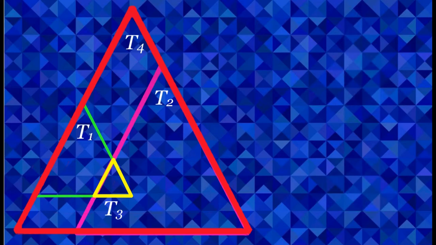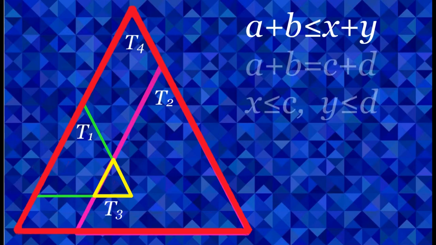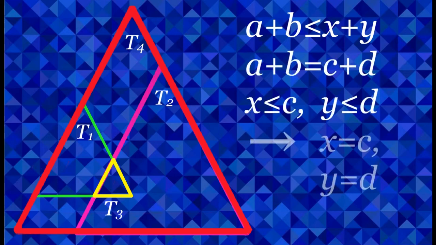Thus, we have that A plus B is smaller or equal to X plus Y. From all the inequalities we obtained, we conclude that X is equal to C, and that Y is equal to D. Since Y is equal to D, we have that T4 is full of S, as needed. This proves our lemma.